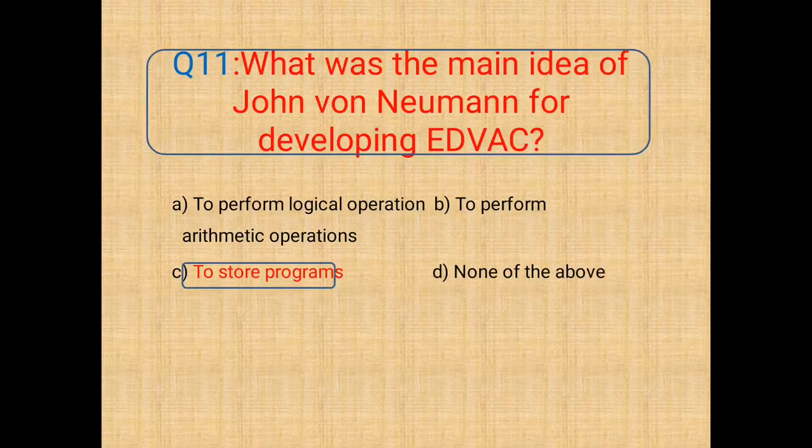B, to perform arithmetic operations. C, to store programs. And D, none of the above. So EDVAC was used to store programs. The correct one is option C, to store programs.